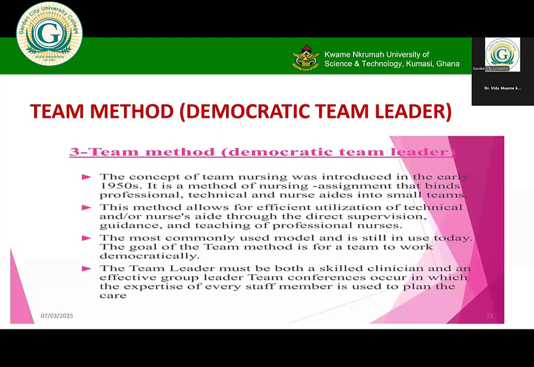And this is the most commonly used model, and it's still in use today. The goal of the team method is for the team to work democratically. As we are a team, as we come in the morning, we need to work together. So the team leader must be both a skilled clinician and an effective group leader.